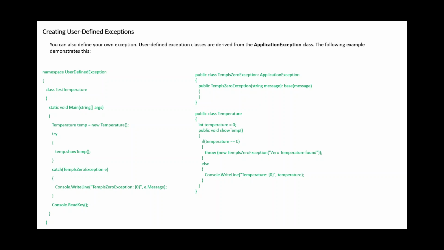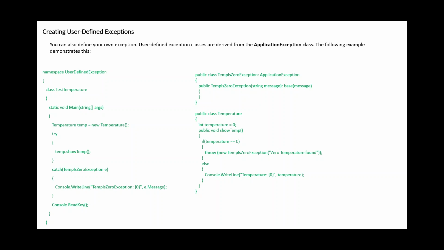On top of application exception you have exception, and from that you are deriving your user defined exceptions. And in the constructor, you pass the message, and whatever message you pass it will take that.